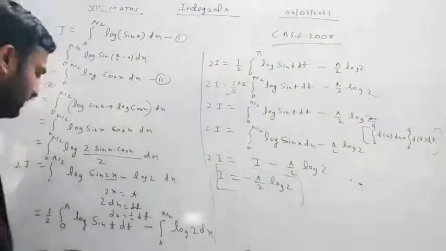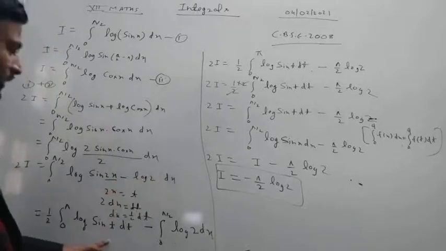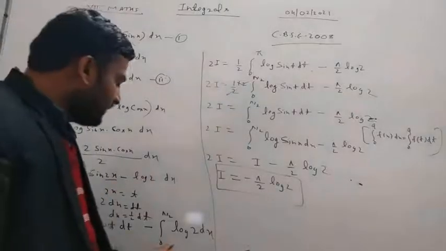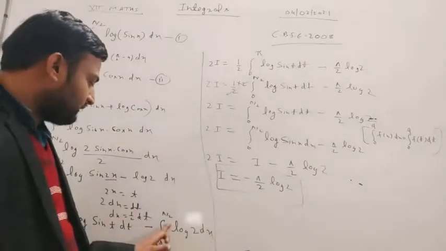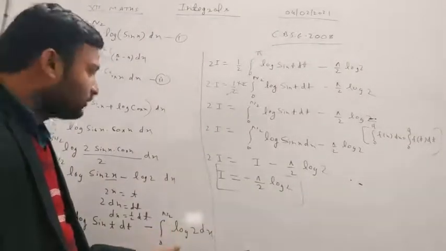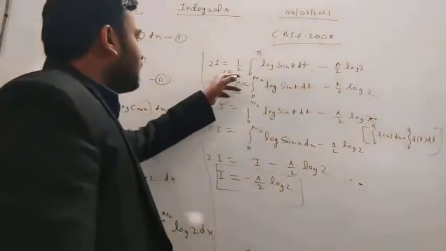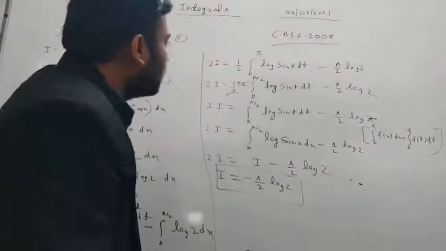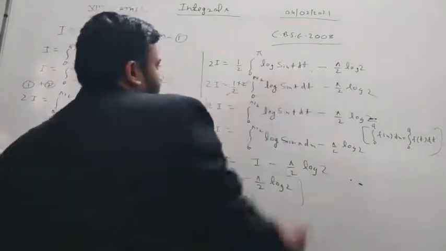Okay students, now this part is 1 by 2 times the integral from 0 to pi of log sin t dt, and minus this, its integration will be x, and when we put the limit we get pi by 2, so it will be minus pi by 2 log 2, and so 2I is 1 by 2 times the integral from 0 to pi of log sin t dt.